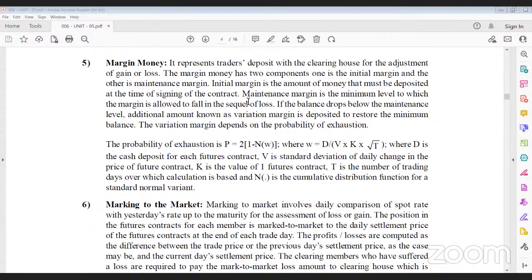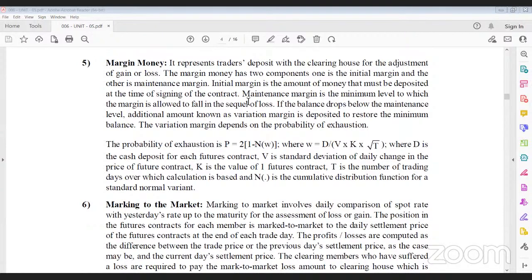Maintenance margin is the minimum level to which the margin is allowed to fall in the sequel of loss. The variation that happens depends on the probability of exhaustion. Usually the probability of exhaustion is calculated with P = 2(1 − N(W)), where W = D / (V × K × √T).